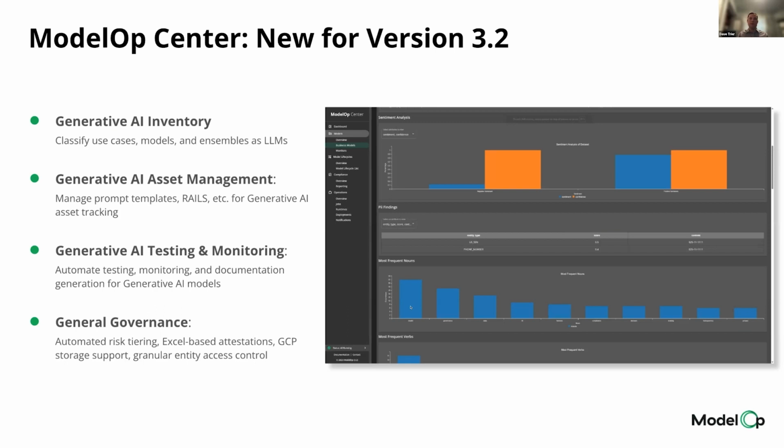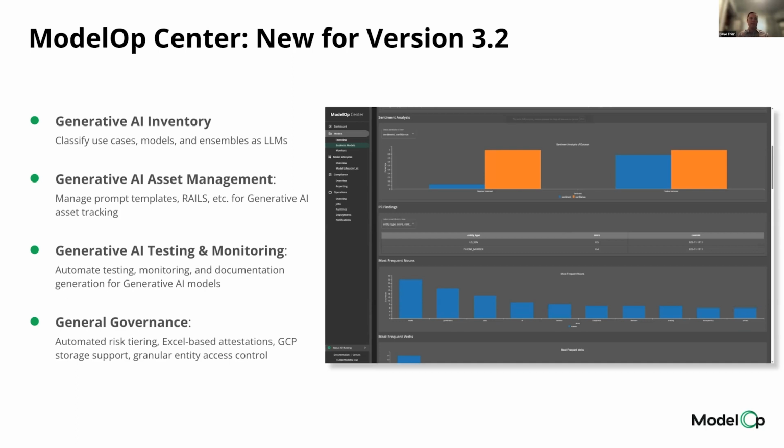So you have your encoding model, you have your actual LLM, you may have some Rails-based model, and you have an orchestrator, typically a LangChain. All of those need to be packaged and inventoried in a way that you know, here's the exact set of items and artifacts that went into this particular generative AI or LLM use case.